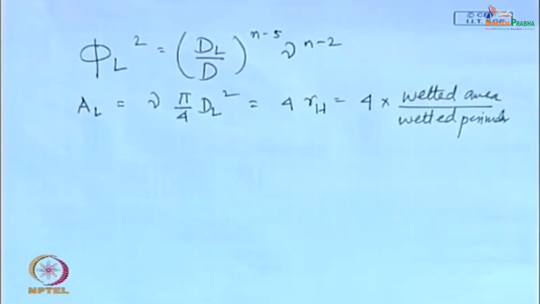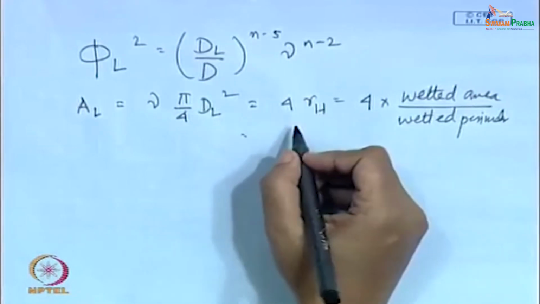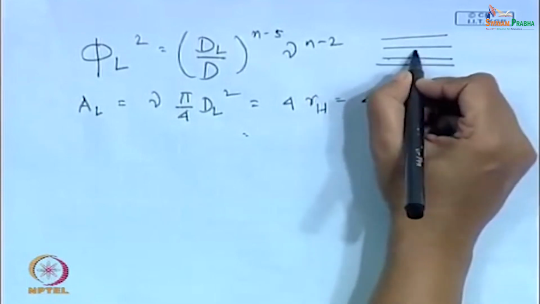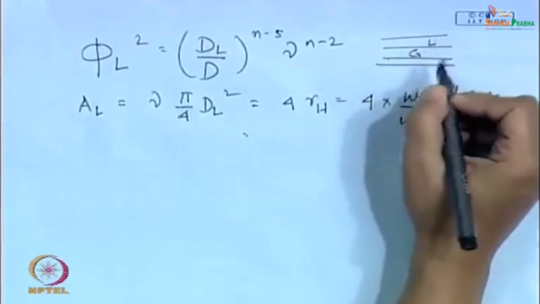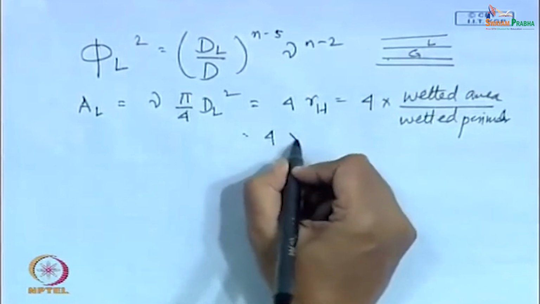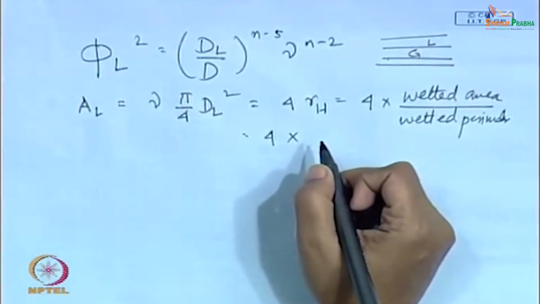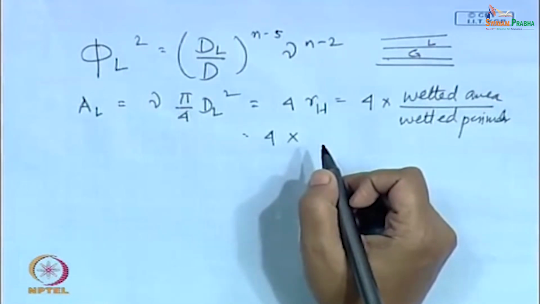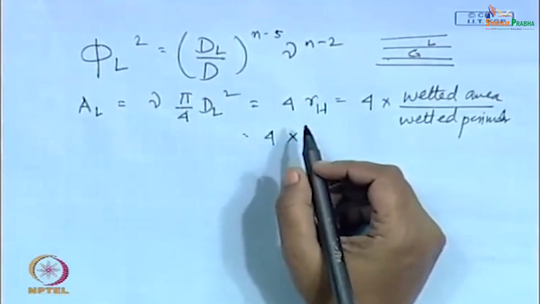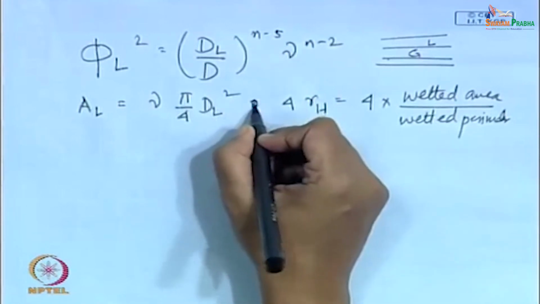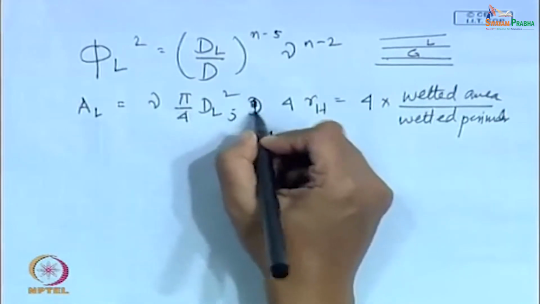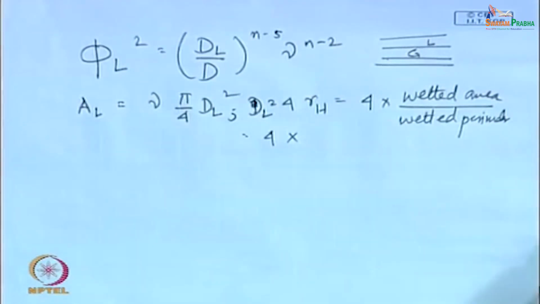So, what is the wetted area in the annular flow case? Suppose you take up the annular flow case, I had already drawn it in the last class. This is the gas core, this is the liquid film. What is the wetted area and what is the wetted perimeter in this case? Sorry, d L equals 4 R h, I just wrote it, it is all right now.